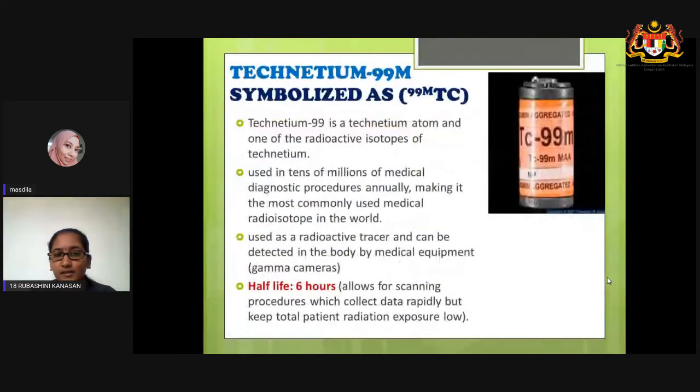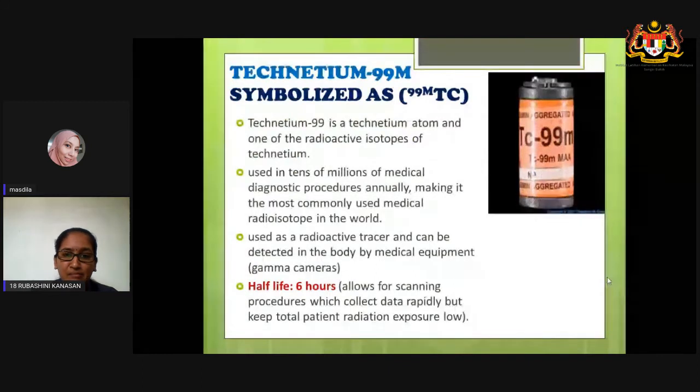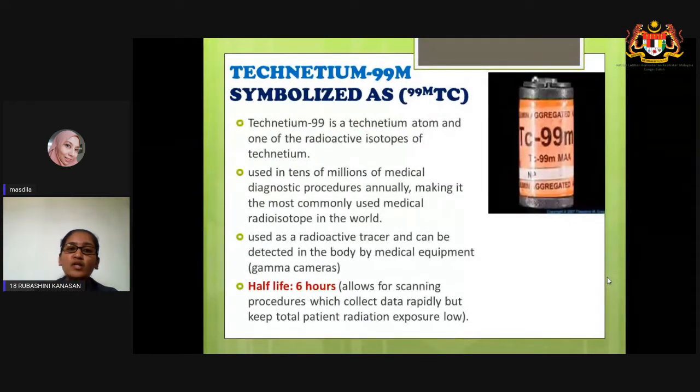Okay, technetium is my choice of radioactive agent, symbolized as 99mTc. Technetium-99m is a technetium atom and one of the radioactive isotopes of technetium. It is used in tens of millions of medical diagnostic procedures annually, making it the most commonly used medical radioisotope in the world.